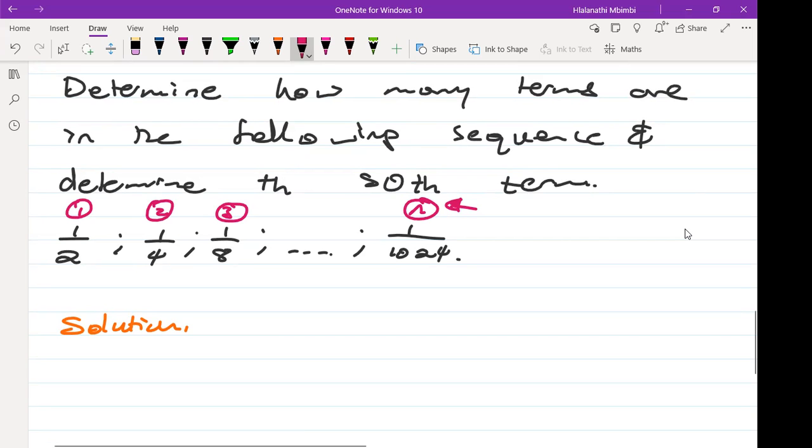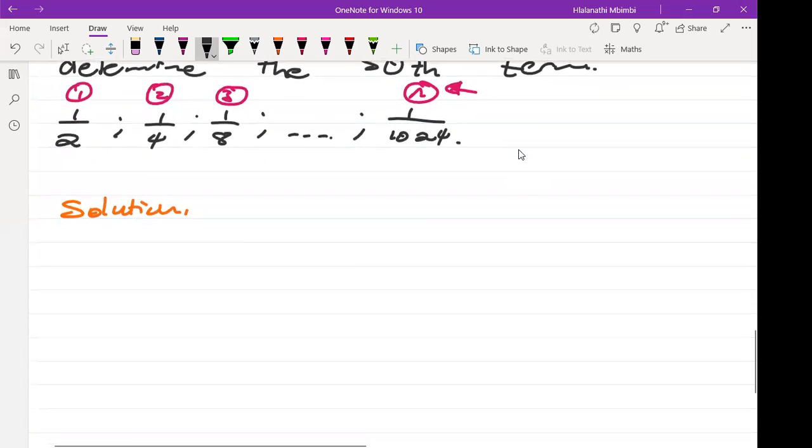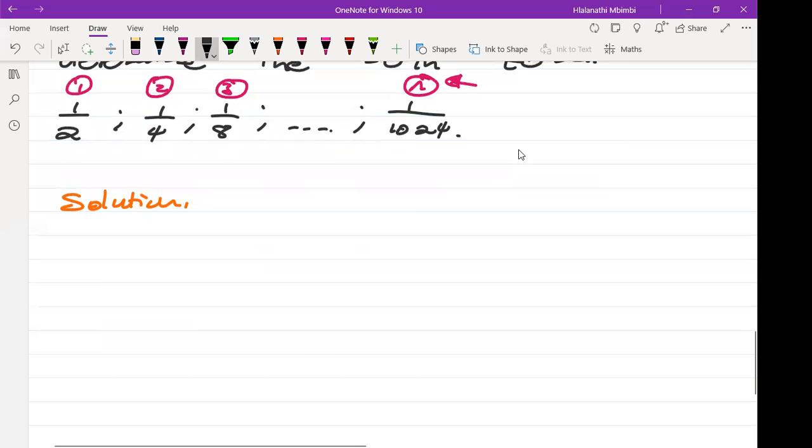So the first part of this question, how many terms are in the following sequence, is basically asking you to determine n. Before you can determine n, you need the general form, so you need to find Tn.